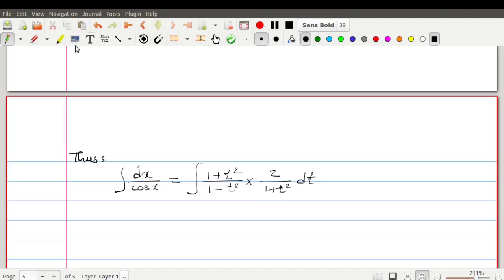As above, we simplify and cancel this out, so it's equal to the integral of 2 dt over 1 minus t squared.